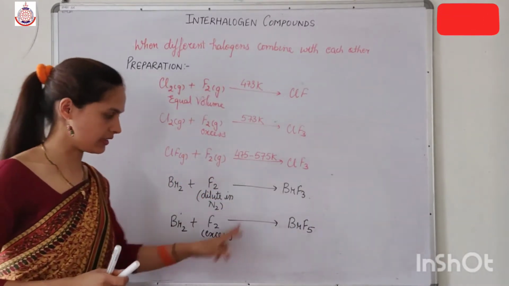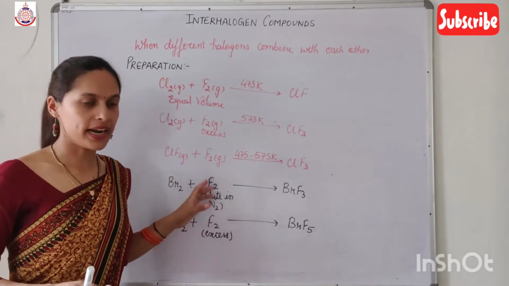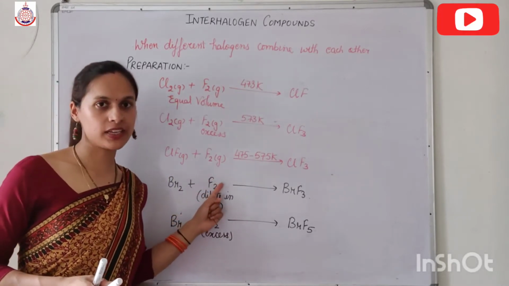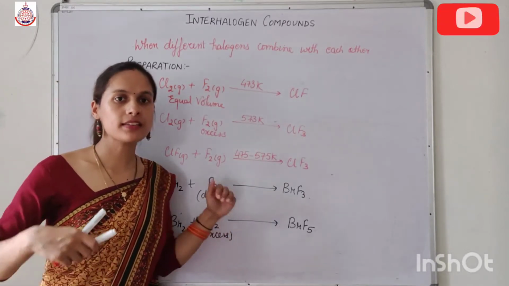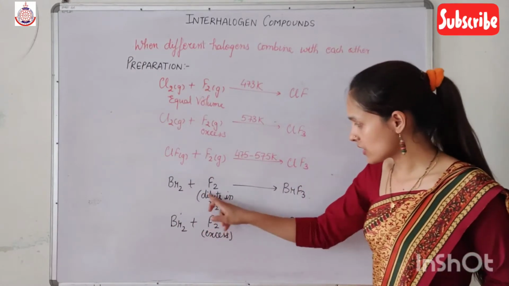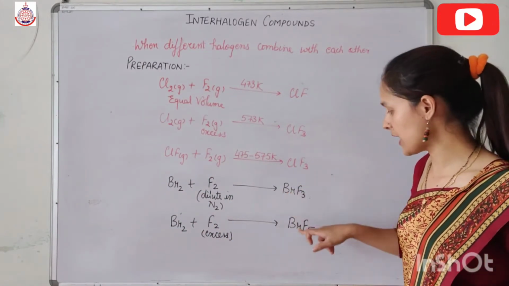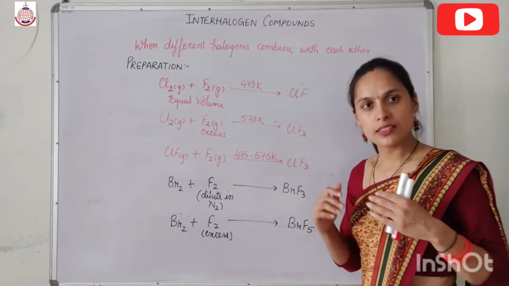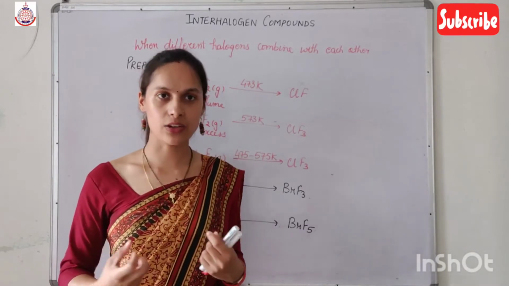So in both cases, the reactants are only bromine and fluorine. But in the first, I have diluted fluorine in nitrogen, and in the second, I am keeping the fluorine in excess. So due to the change in the condition, my product also changes and becomes BrF3 and BrF5. Similar changes we can make in other interhalogen compounds.